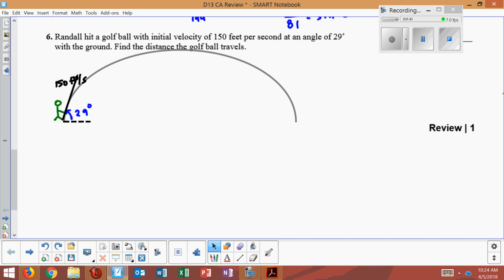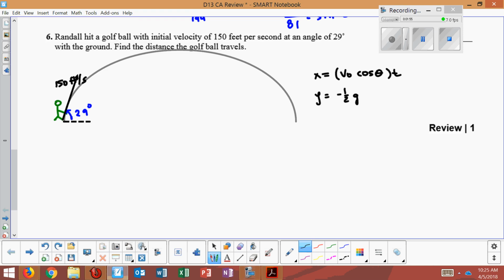So I'm going to come back over here, and I'll write out the equations. x equals, if you remember, initial velocity times cosine theta times time. The y equation was -1/2 g for gravity times t squared plus v0 sine theta times time plus the initial height. And we said that g in this problem is going to equal 32 feet per second squared. That's our number we're going to use.